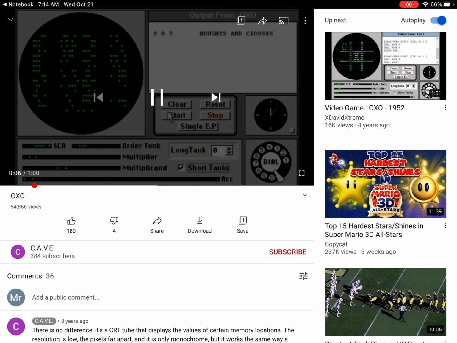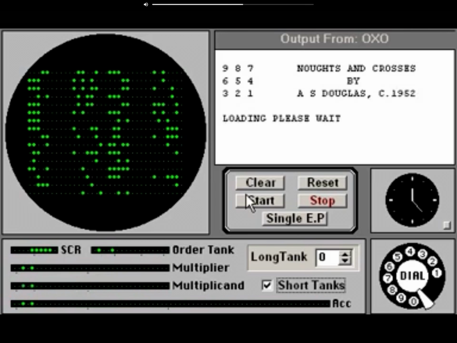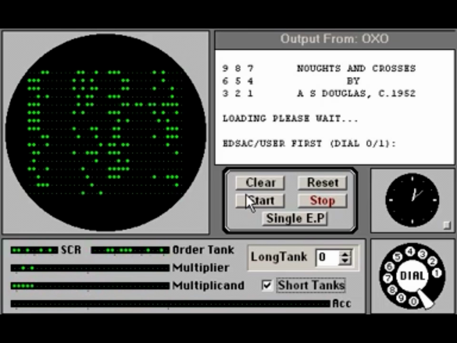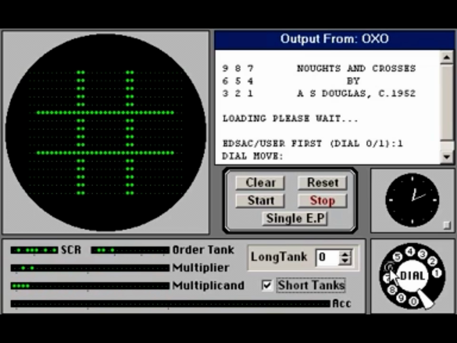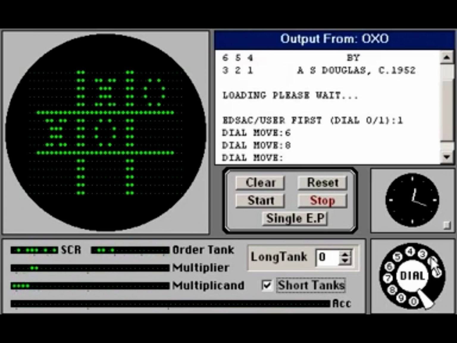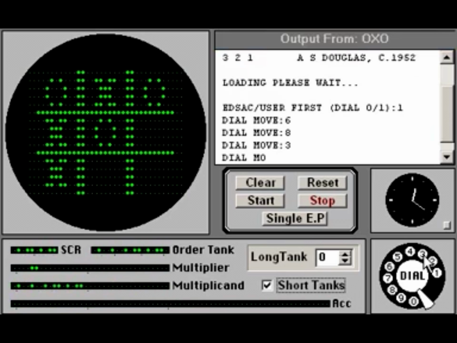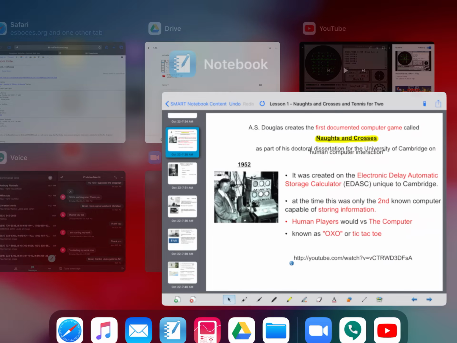This is how the game ran. There you go. Very exciting, very thrilling, I know.